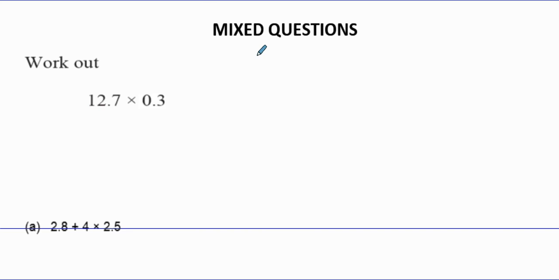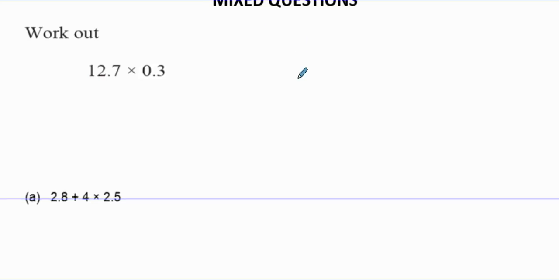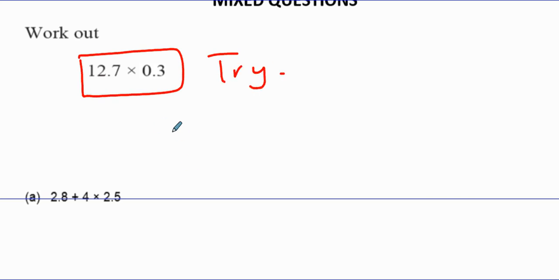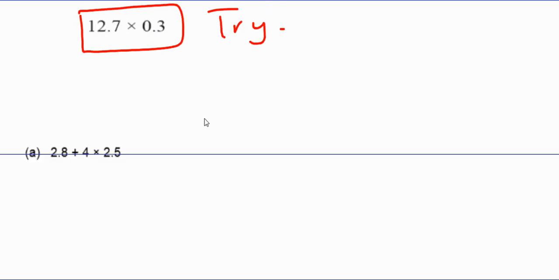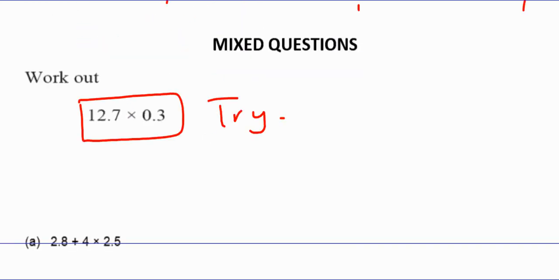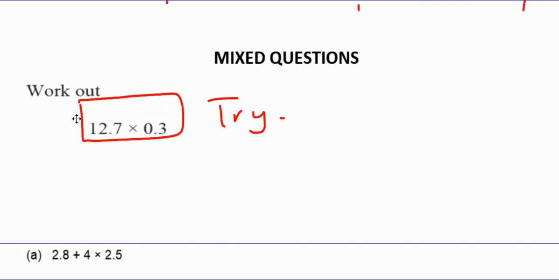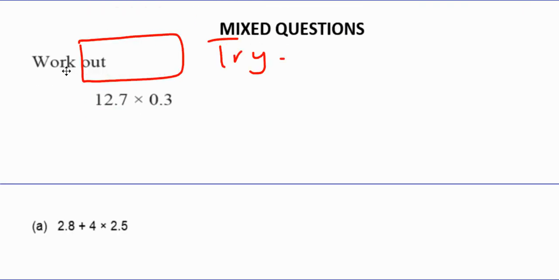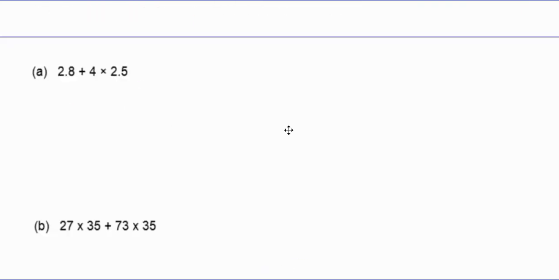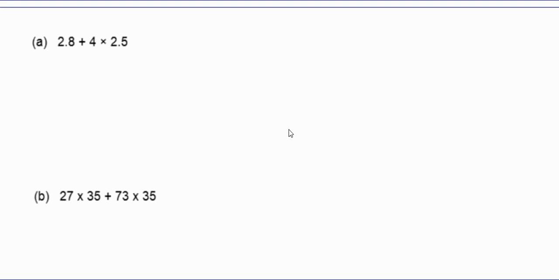Right, now, let's see how we do this question. Work out this. This I already told you, so you can try that. 12.7 times 0.3, we have discussed this. Okay, now how about this question over here? This question is a little bit technical because it is addition and it is multiplication.